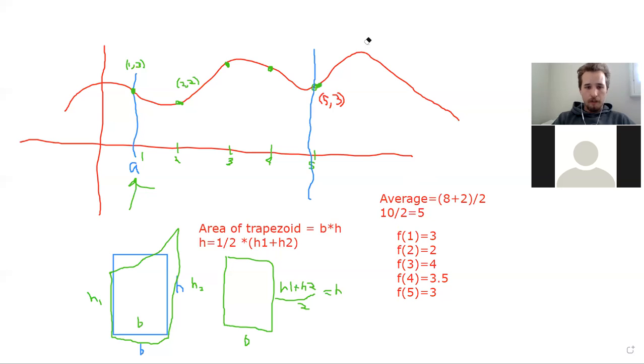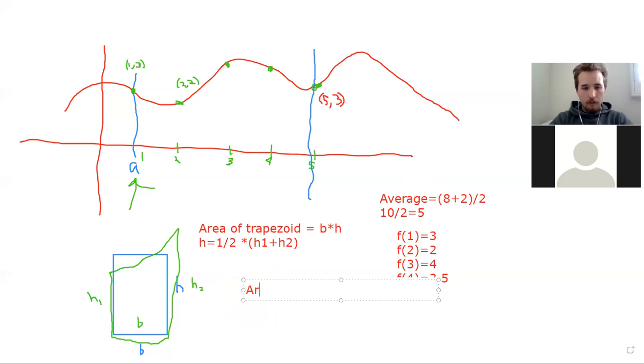Area of a trapezoid, it's still going to be base times the height. And our height is 1/2 times our height 1 plus our height 2. And remember, multiplying by 1/2 is the same thing as dividing by 2.